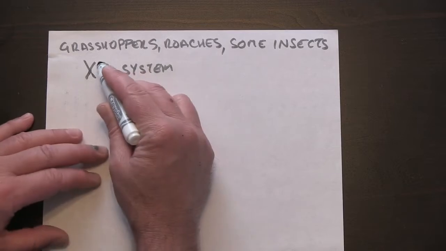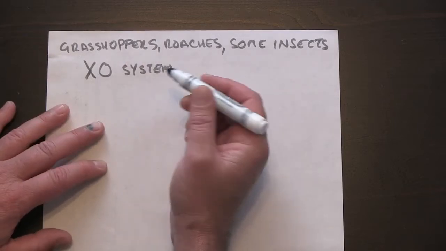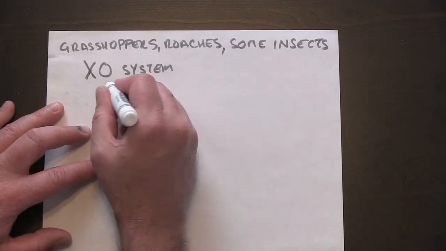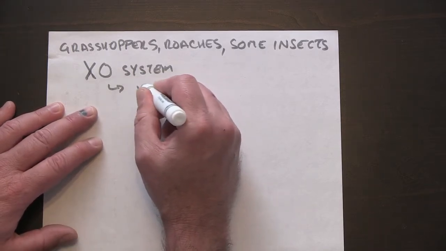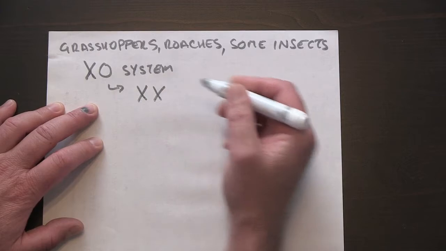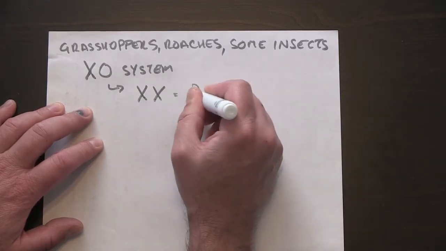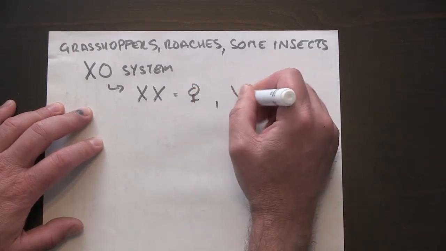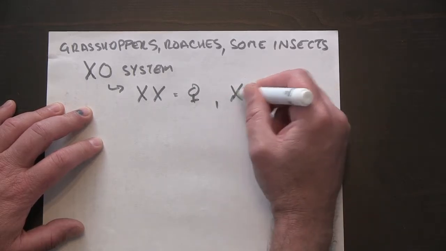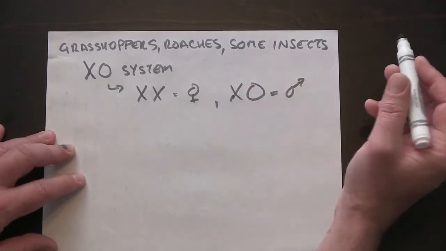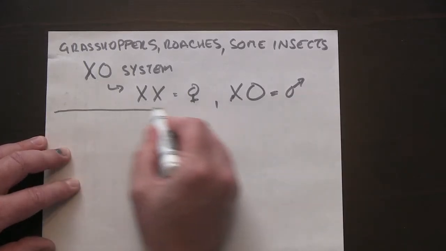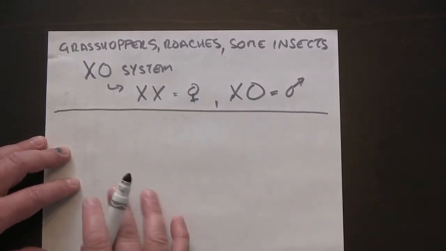O means the lack of a chromosome, or the absence of one. So in the XO system, XX equals female. But if you have X and not a second X, then you are going to be male. So it's the number of sex chromosomes.